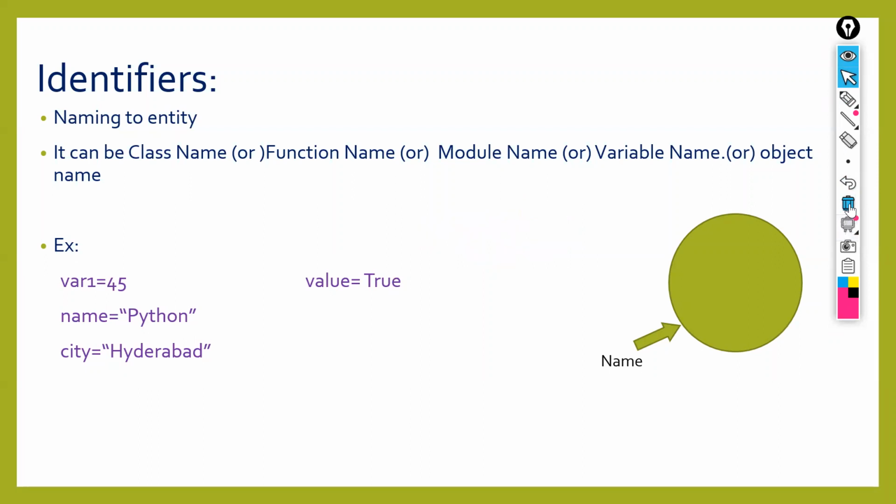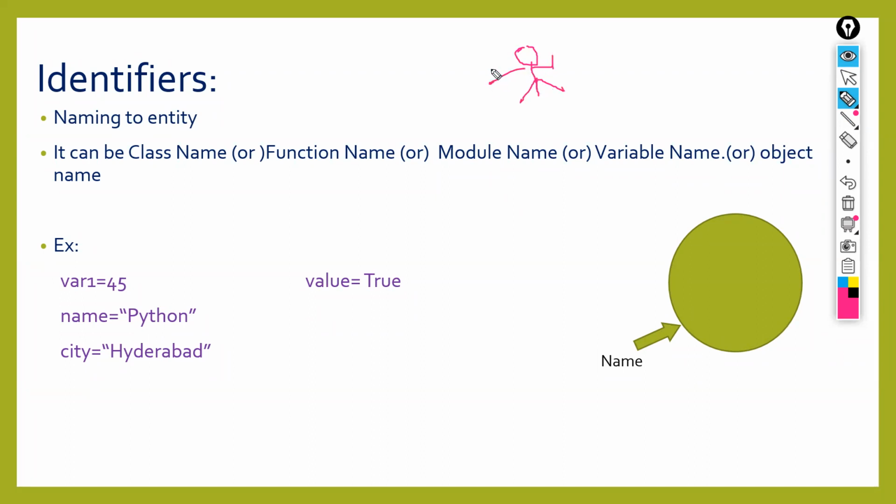But wait, can we use any kind of name for the identifier? No. Let me take one example so that you will understand what I mean. Let's take a newly born baby, right?